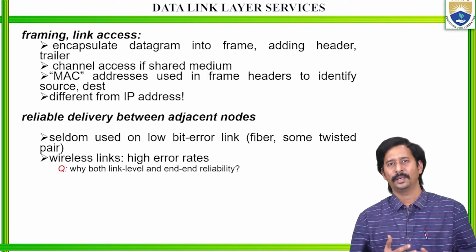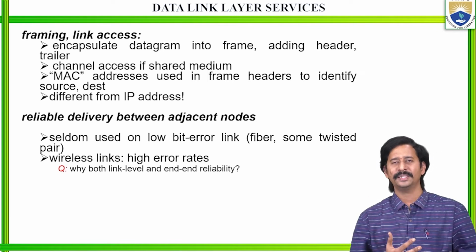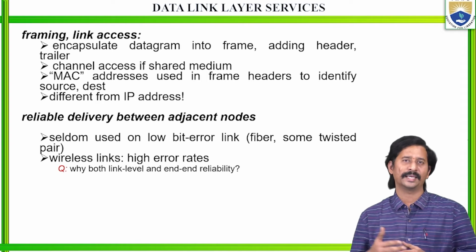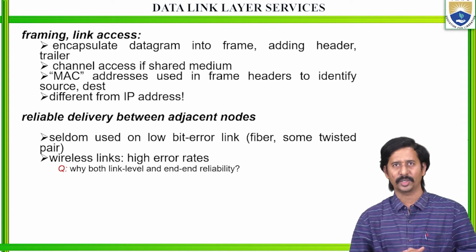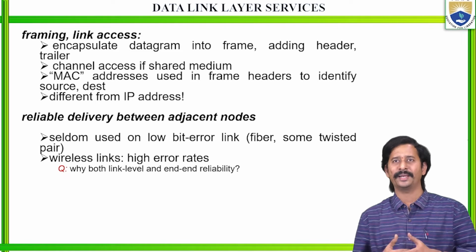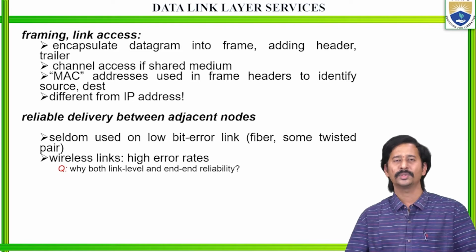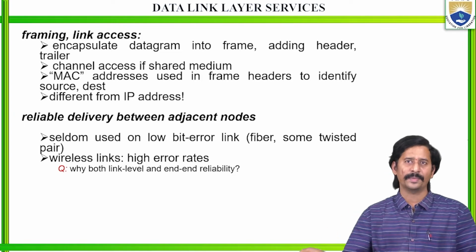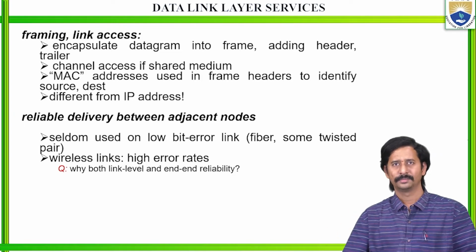So we know this data link layer has two sub layers, logical link control and MAC, medium access control. So the MAC addresses are used in frame headers to identify both source as well as the destination. This particular MAC address is different from the IP address. Is it right?